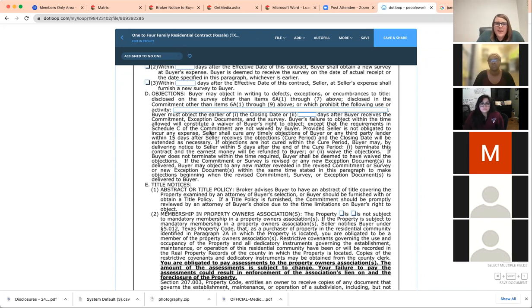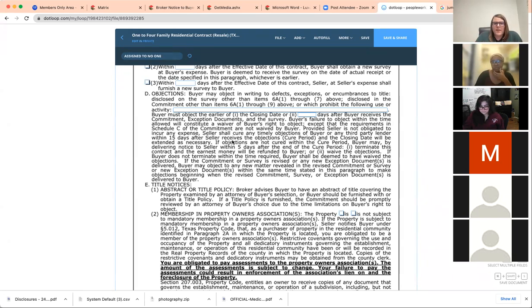And it says right here, buyer's failure to object within the time allowed will constitute a waiver of buyer's right, except that the requirements in Schedule C of the commitment are not waived by buyer, provided seller is not obligated to incur any expense.